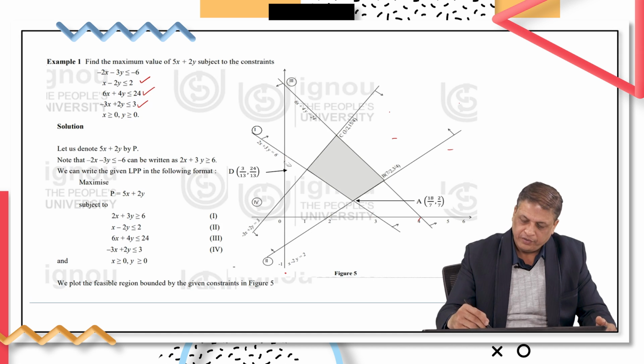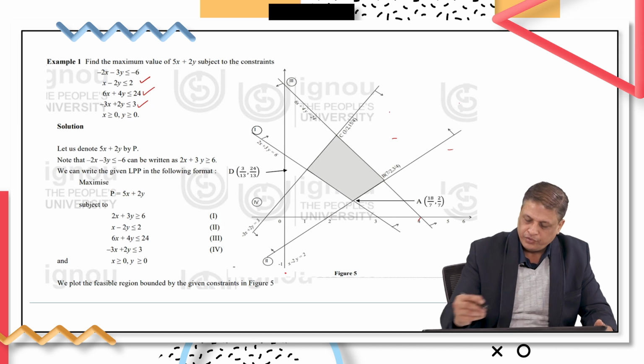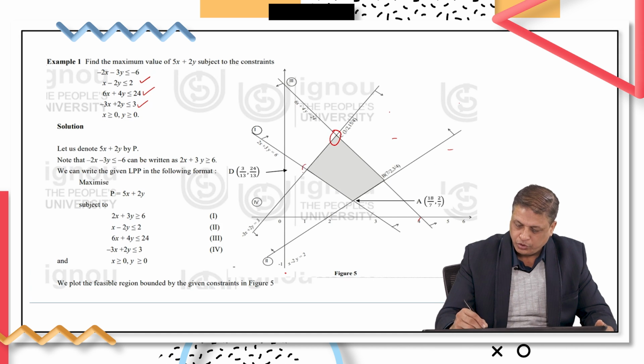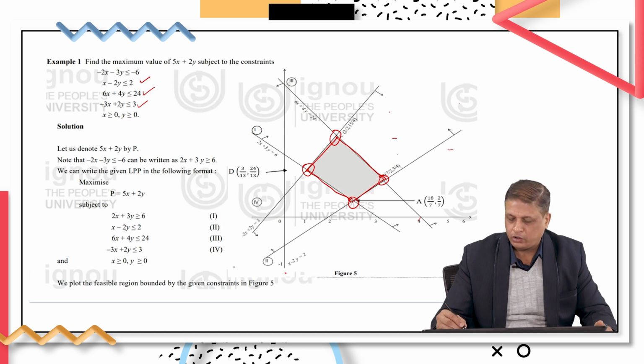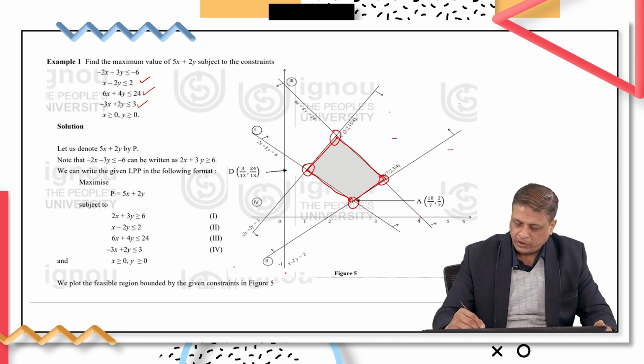So, in this question, the feasible solutions are these 4 points, because these 4 points are enclosing the feasible region. And we learned in our earlier session that in order to find the feasible solution, we need to solve the equations together.